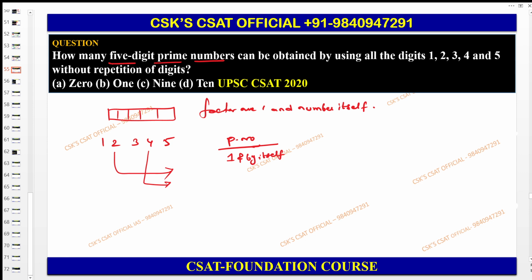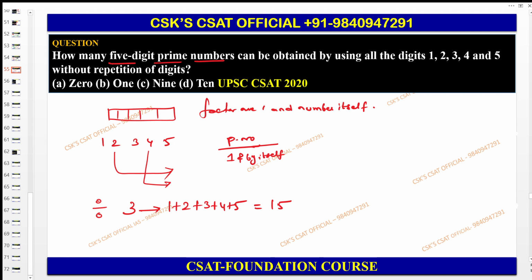Now, let us check with the divisibility by 3 concept. What is the divisibility by 3 concept? If the sum of the digits is divisible by 3, then the number is completely divisible by 3. Here the sum of the digits is 15.